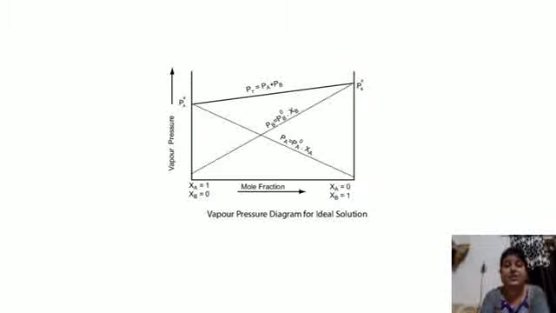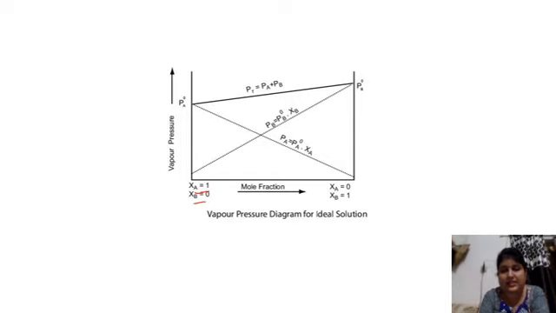See, here the mole fraction of XA is 1 and XB is equal to 0. See, there are two dashed lines. This one is the first line, suppose, and this one is the second line.